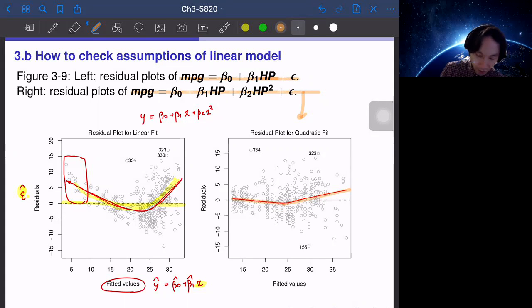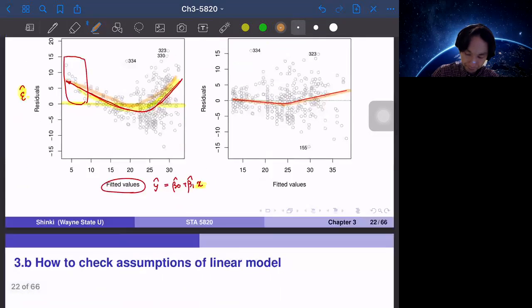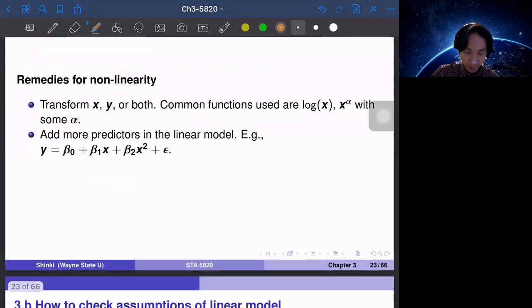So the residual plot should not have any pattern. If we have curvature like this, then we should investigate maybe more variables or maybe a transformation. Sometimes Y is beta naught plus beta 1 log of X or square root of X, and so on. So the first thing you have to think about is transformation.